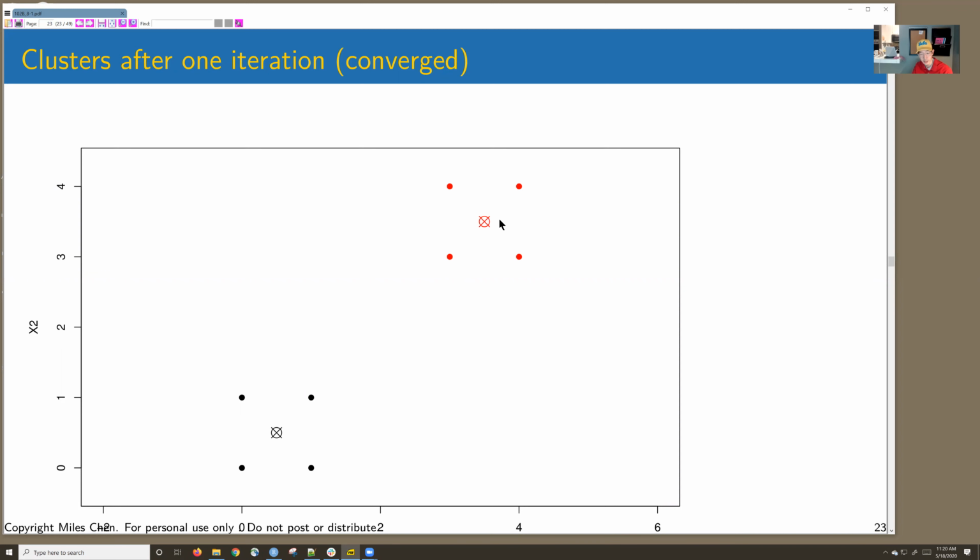And we say, have any assignments changed? No, none of the assignments would have changed, and therefore we would say it has converged. So you would run it one more time and ask if any of the assignments changed, and if not, then you can say our algorithm has converged.